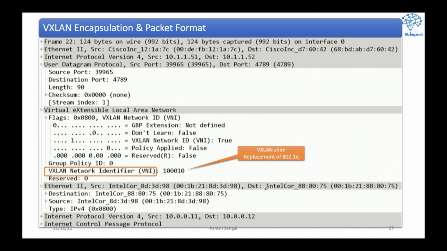By seeing this particular capture, can anybody help us identify what kind of packet is being captured over here? Well, the answer to each and every question is right in front of you.